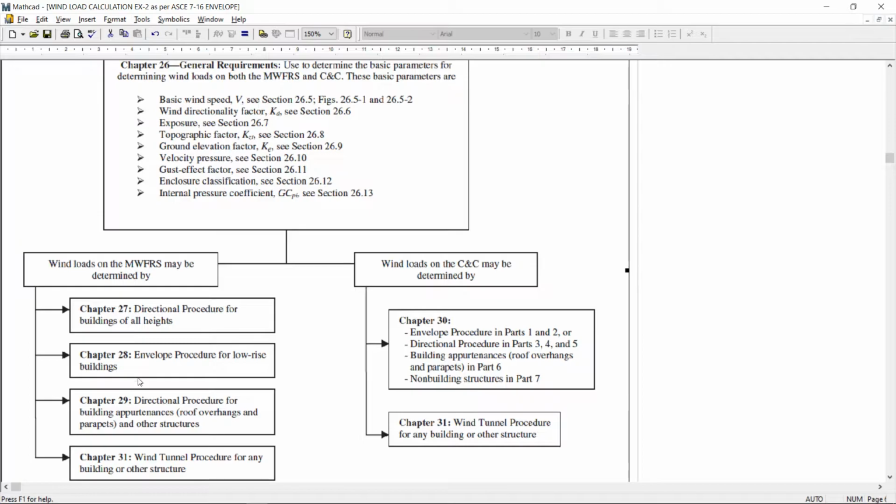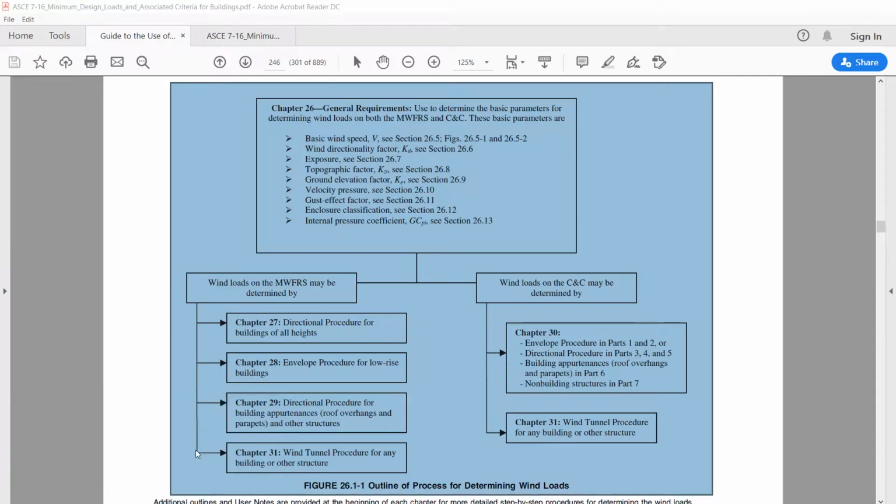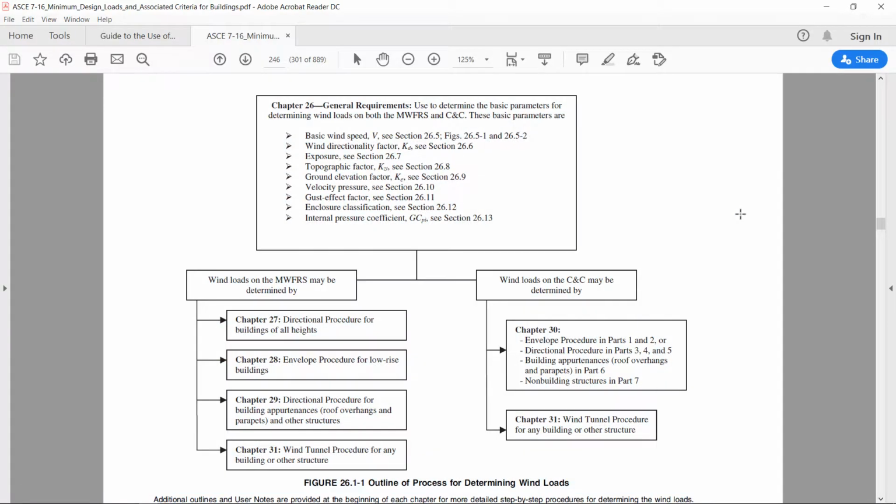But now I am going to follow chapter 28 for the same problem, and chapter 28 is the envelope procedure for low-rise buildings. So let us go to chapter 28 and see what provisions are given over here.